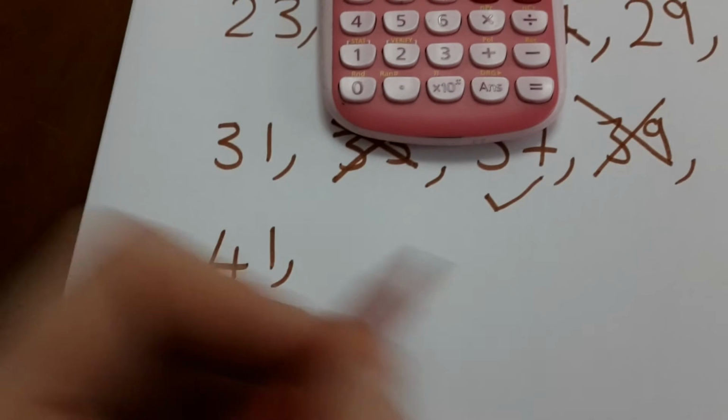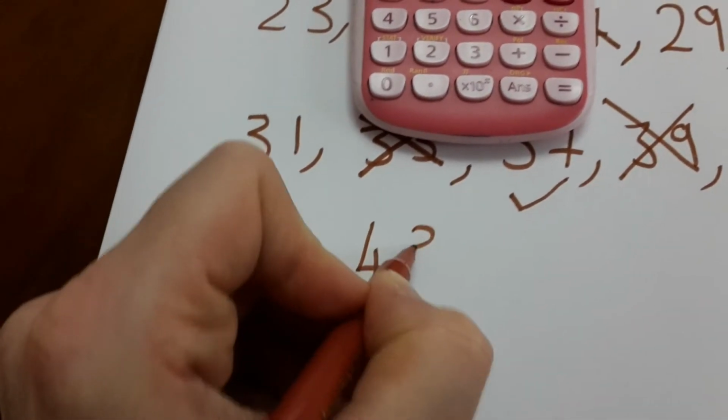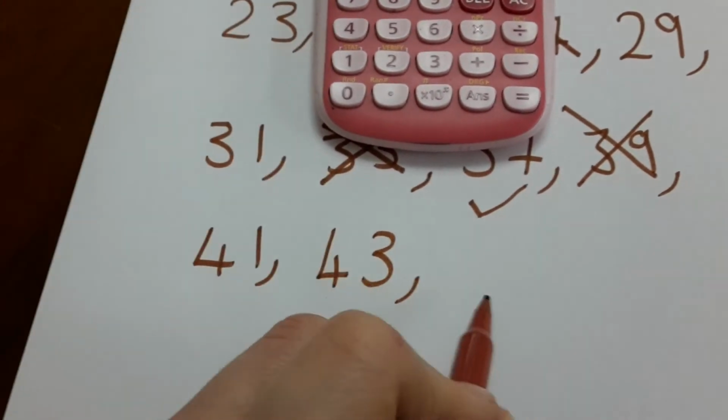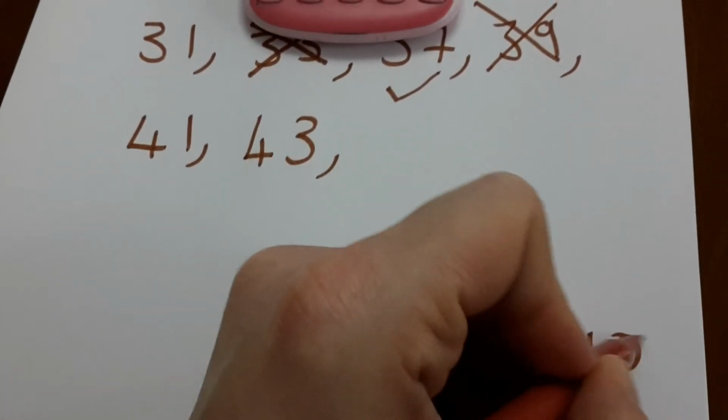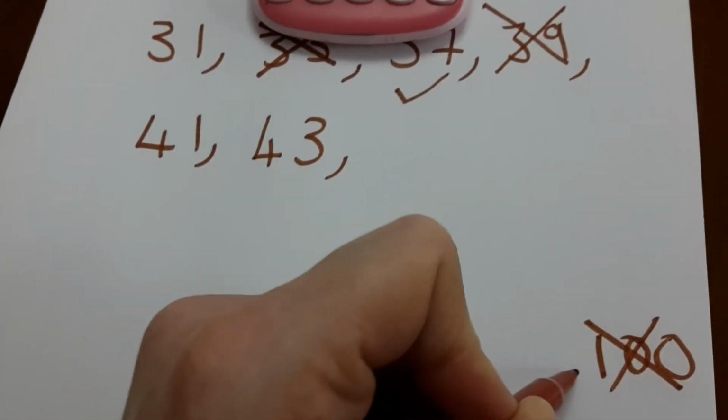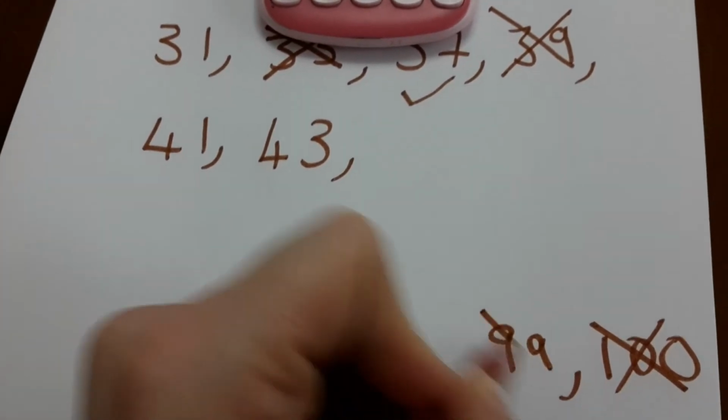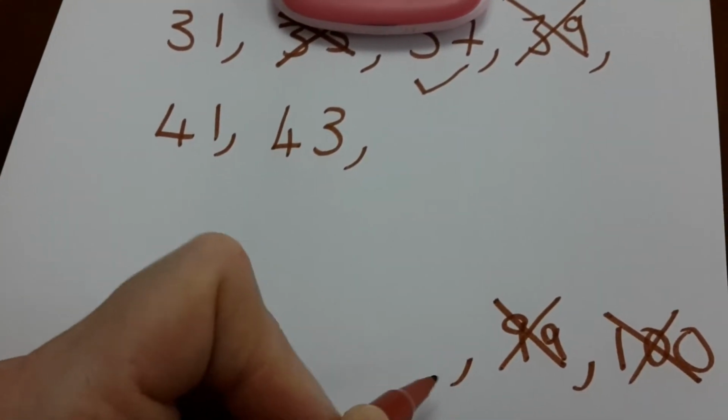Now, we can carry on like this, and eventually we're going to end up getting all the way to 100. Now 100 isn't a prime, and 99 isn't a prime because 11 will go into it 9 times.